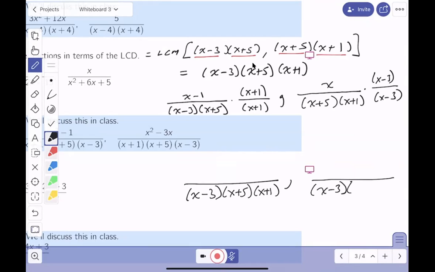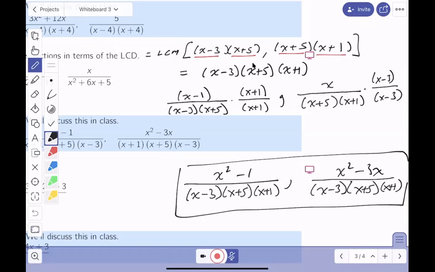I'm reordering it, by the way. X plus 5 and x plus 1. Numerators, generally speaking, should be multiplied out unless they're terribly difficult to do. But they look pretty easy. First guy's going to be x squared minus 1. And the second guy's going to be x squared minus 3x. I'm going to put a box around that and indicate I'm done.